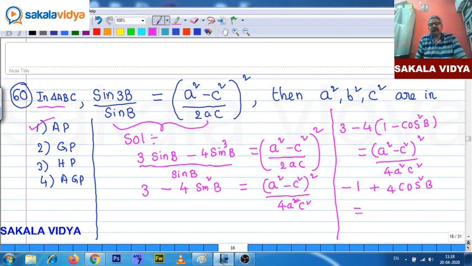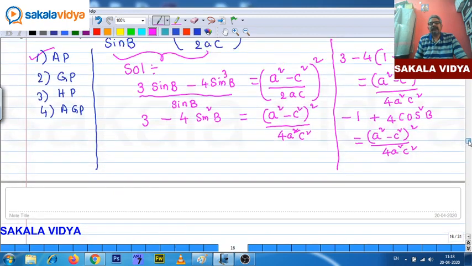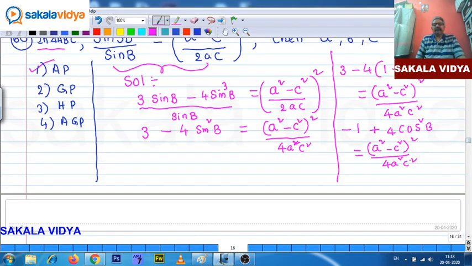equals a square minus c square whole square over 4a square c square. Already we know the answer, don't worry. So for our sake, we are doing this problem now. Now take minus 1 to that side.